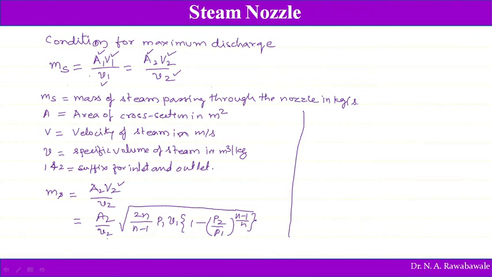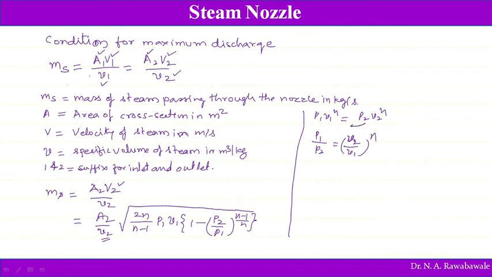So this v2 which is at exit, specific volume at exit, we want to convert this in terms of specific volume at inlet. So how to convert this, applying polytropic law, p1 v1 to the power of n is equal to p2 v2 to the power of n. So this can be written as p1 divided by p2 is equal to v2 divided by v1 to the power of n.